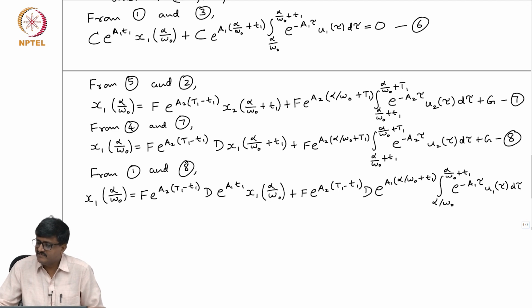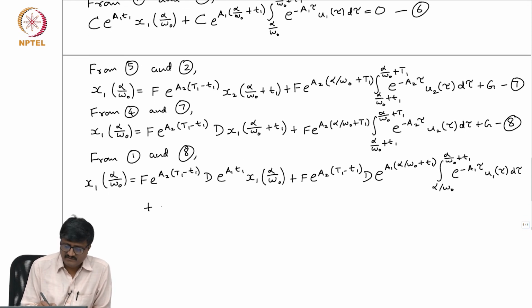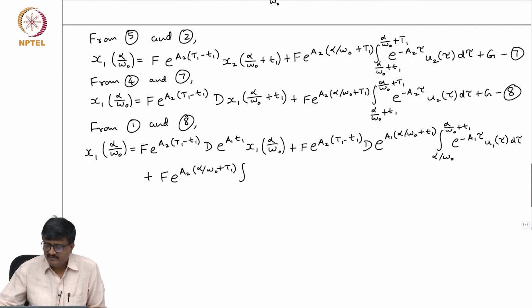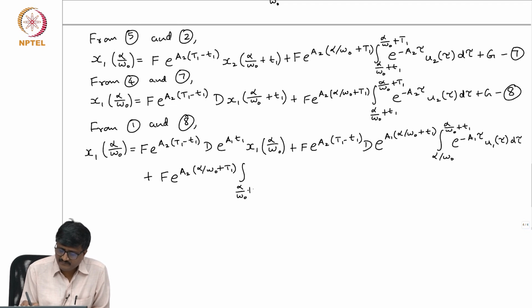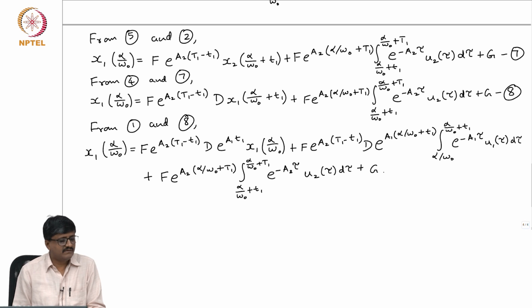The second term in equation 8 is written as it is, plus f exponential A2 (alpha by omega O plus T1) integral from alpha by omega O plus T1 of exponential minus A2 tau U2 of tau d tau plus G. So, I will give one number for this, 9.